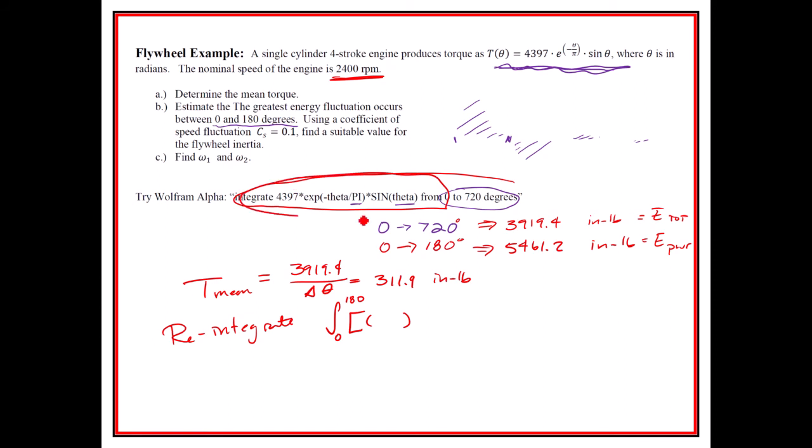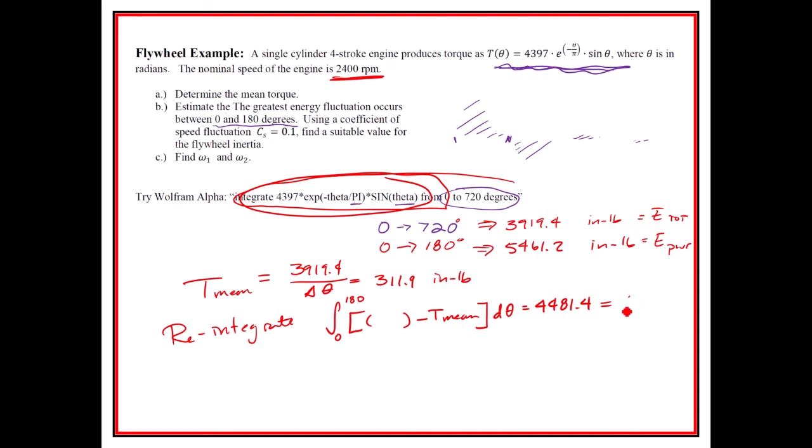Well, this guy right here, but I'm going to subtract out the T mean of the thing, right? And so that's going to be d theta coming up here, and I get 4,481.4. And that's going to be equal to, and then we integrate right there.